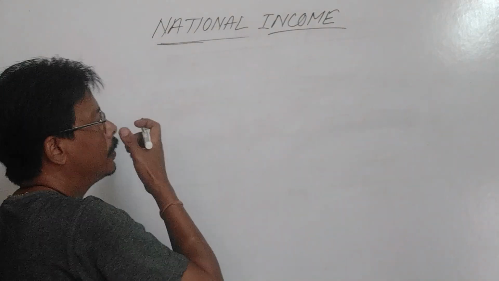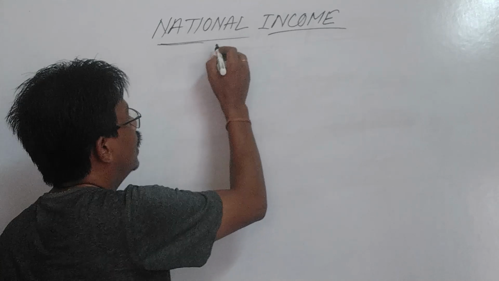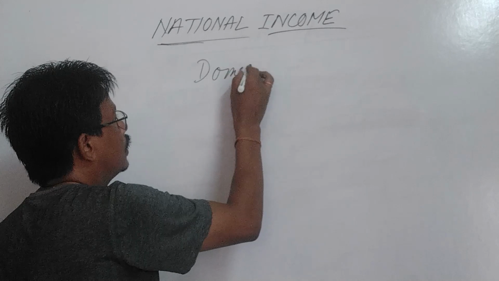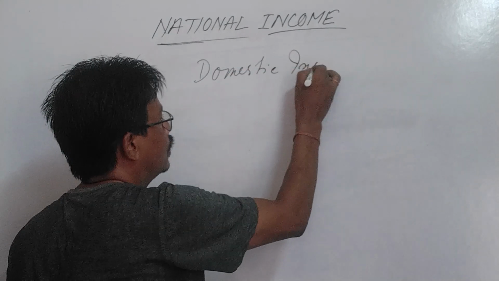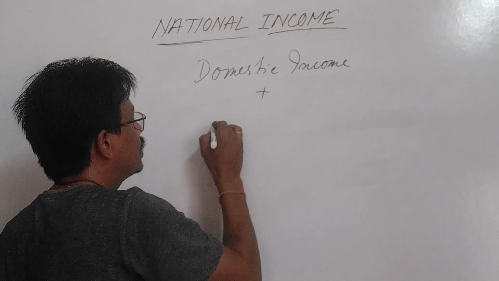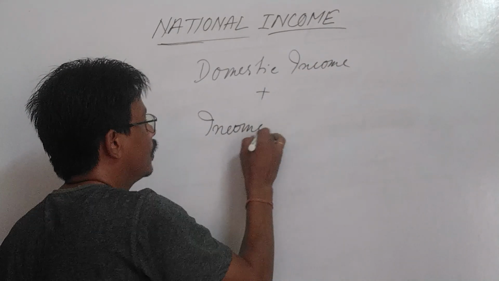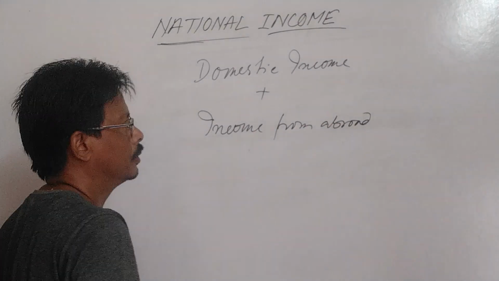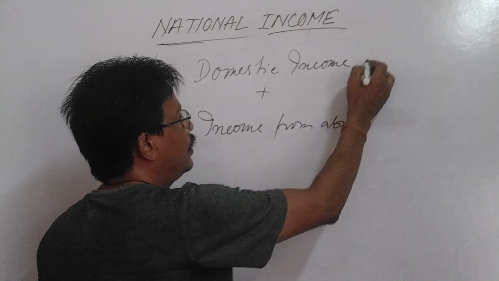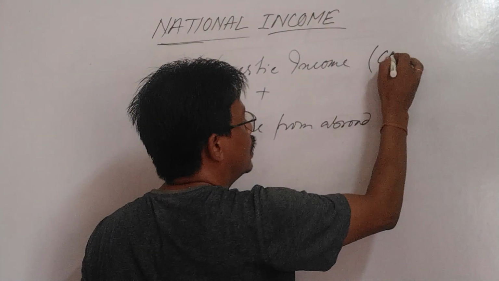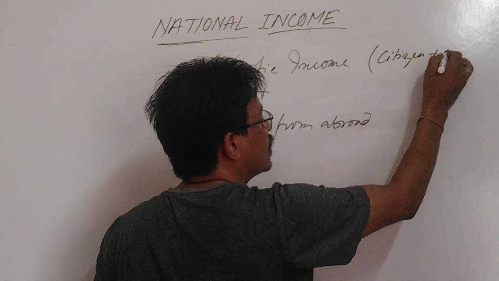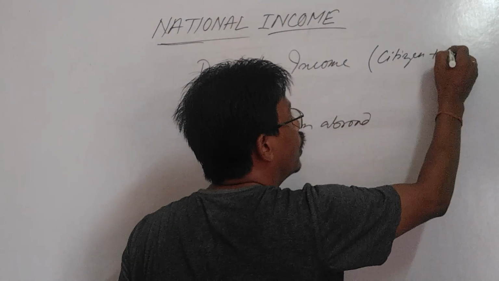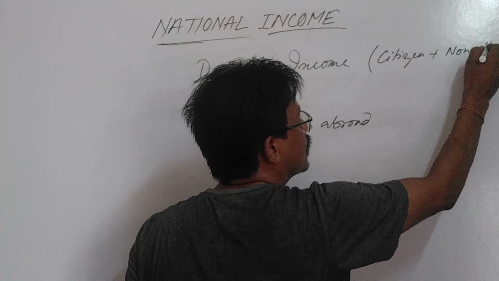To calculate the income of an economy, it is clear that the income of an economy can be accounted by calculating income of the domestic country plus income from abroad. When we talk about the domestic income, it is the income of the domestic citizens plus non-citizens who are residing.